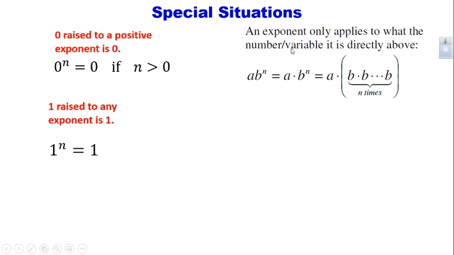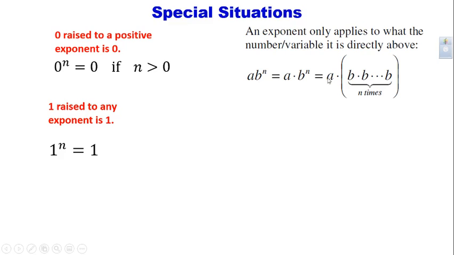Also, please bear in mind that if you have a product and something is raised to an exponent, the exponent only applies to what is directly before it, not to both things unless they're in parentheses. So if I have a times b to the n, that's the same thing as saying a times (b to the n). The n is only for the b, not for the a.